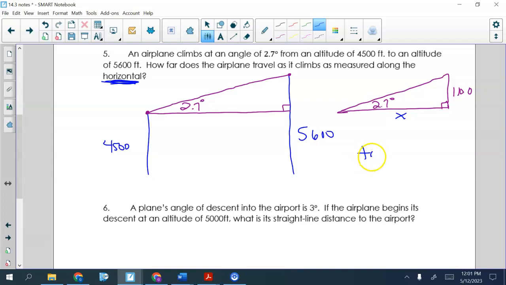So it should be tangent of your degree equals opposite over adjacent. We're going to move the x to the other side and then divide by the tangent of 2.7.